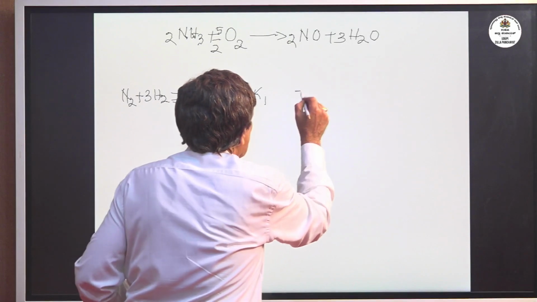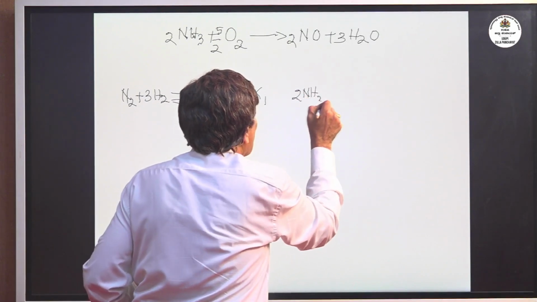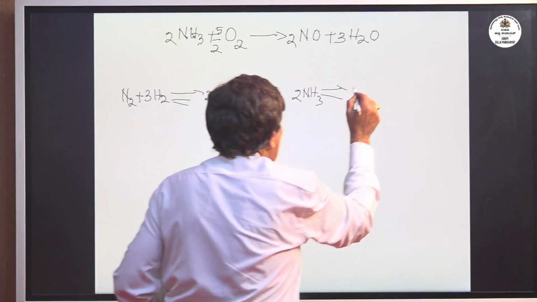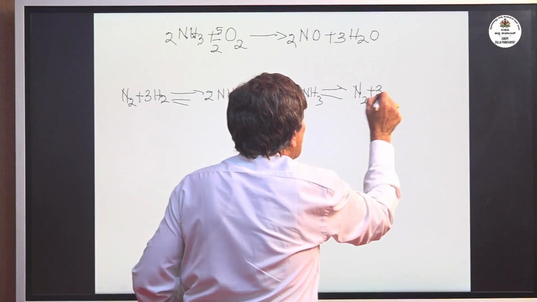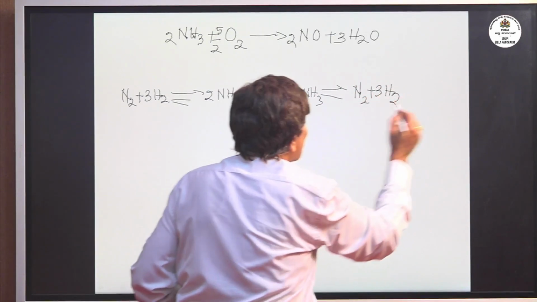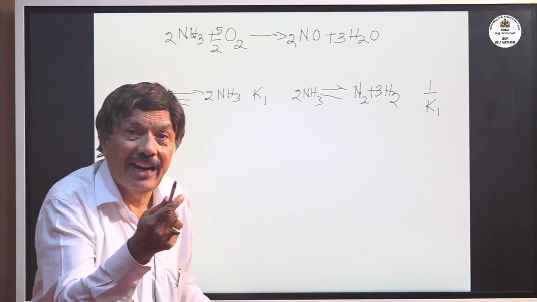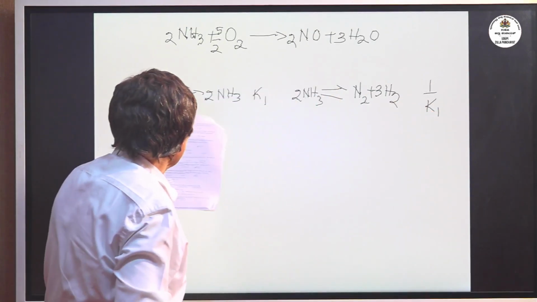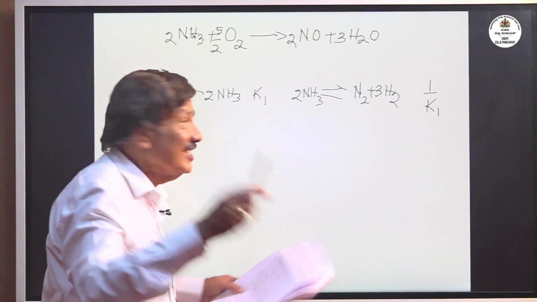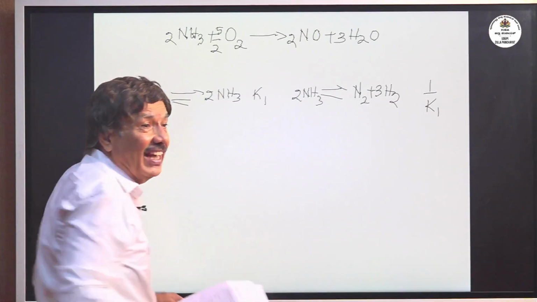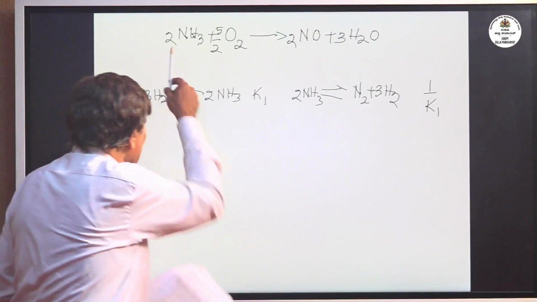So 2NH3 gives N2 plus 3H2. What is the equilibrium constant? 1 by K1. Why should it be 1 by K1? Because I have reversed it, keeping the quantity the same. Why do I have to reverse it? Because in this equation NH3 is on the product side, and I want it on the reactant side.